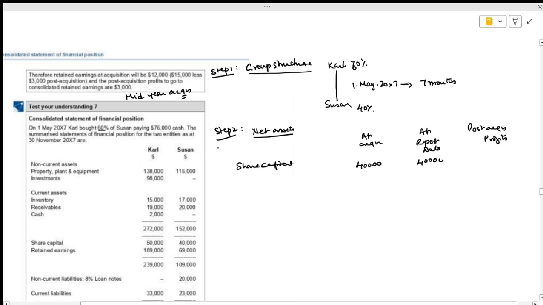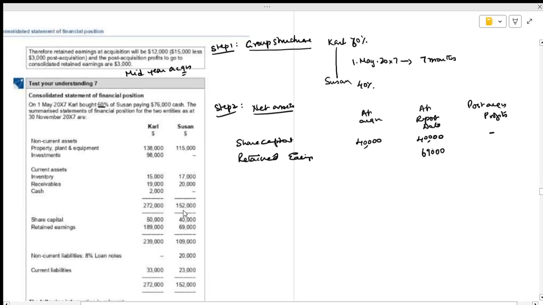Now we are doing the last question. Okay, 40,000. Next, retained earnings are how much? Retained earnings at the reporting date is 69,000.